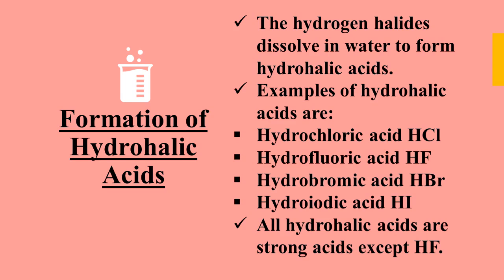Hydrofluoric acid is HF. Hydrobromic acid is HBr and hydroiodic acid is HI. All hydrohalic acids are strong acids, but HF, hydrofluoric acid, is not a strong acid.